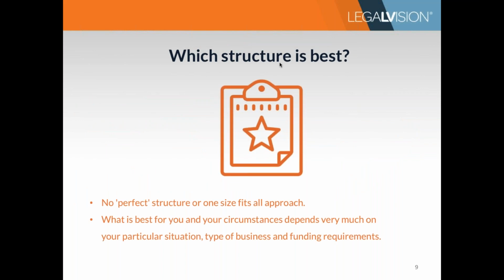So this is a common question, which structure is best? And I always tell everyone there is no perfect structure or one size fits all approach. What is best for you and your circumstances depends very much on your particular situation, the type of business involved, the funding requirements. For instance, if you're going to operate a business that requires external equity, then you may wish to operate through a company because it's a tried and tested route of raising capital.